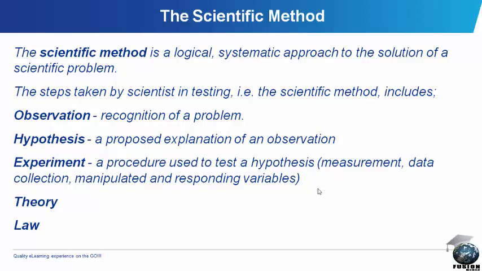That's an observation, and this observation leads to what is known as a hypothesis, an explanation for the observation, or a proposal of a solution to that problem. After the hypothesis, it is usually tested via experiments.